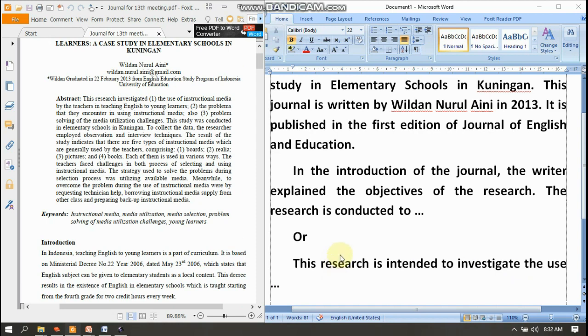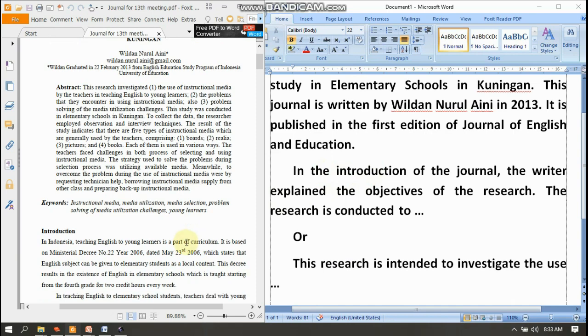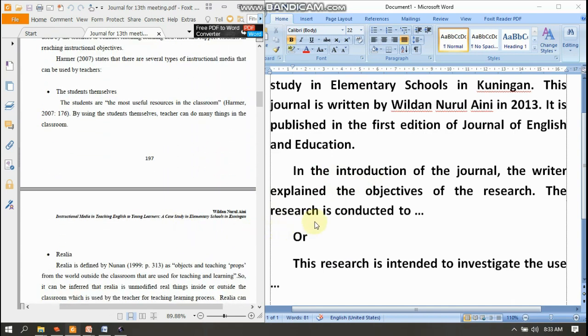The way we write the second paragraph will be the same as how to write the third, fourth, or the next paragraph that we need. Because in the second, third, and following paragraphs we must already explain the content of the journal. There are several options. The first, you can write based on the subchapter divisions: introduction, review of related literature, method, conclusion, and so on. Or you can explain directly the important points in the journal.